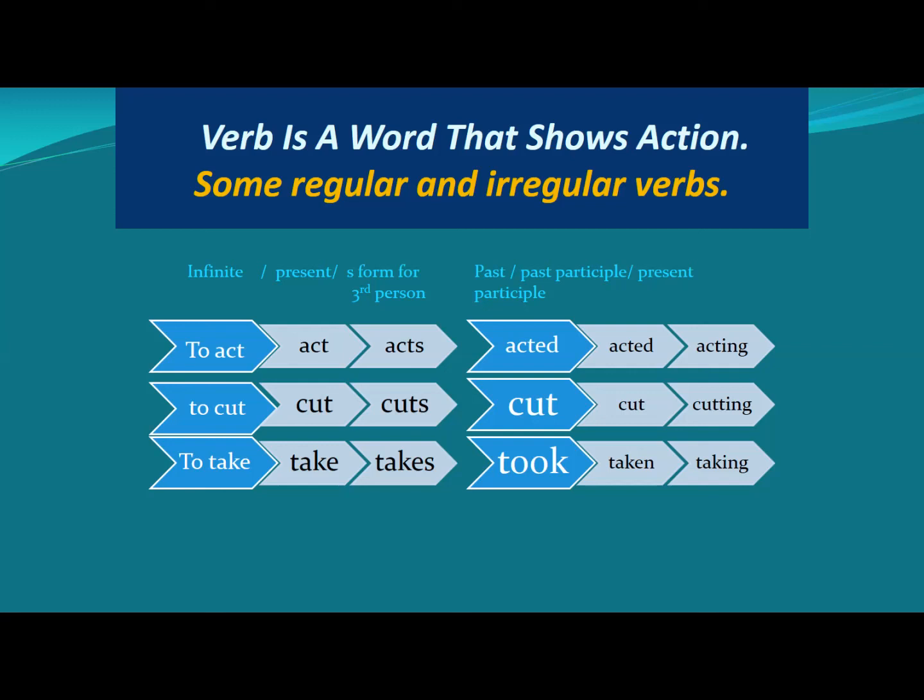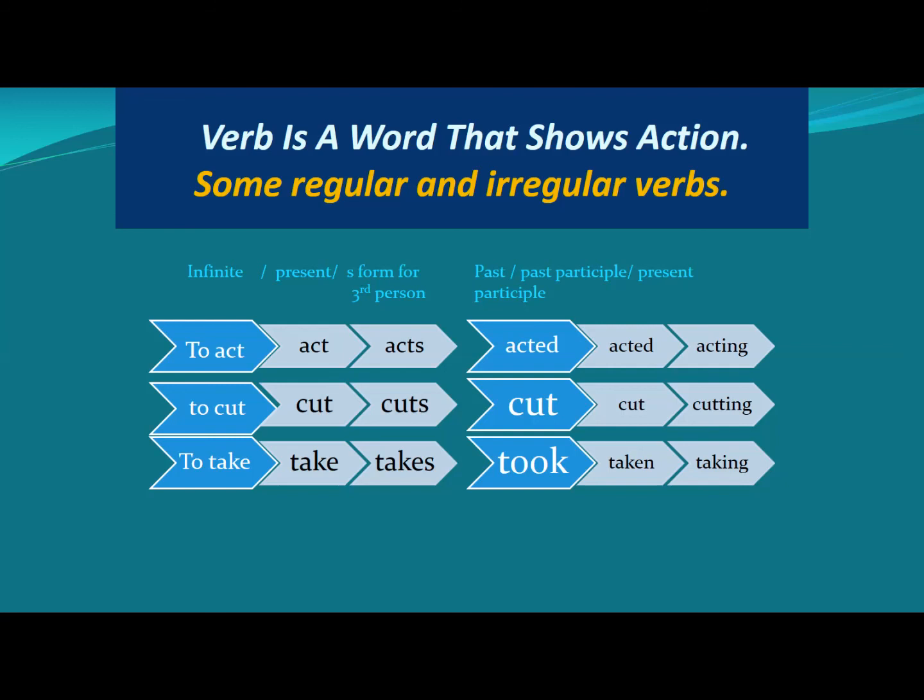Then the S form for the third person: we use the verb with S, acts, with the third person singular, he, she or it. He acts, she acts, it acts. Then acted is the past form, acted for the past participle and acting for the present participle.